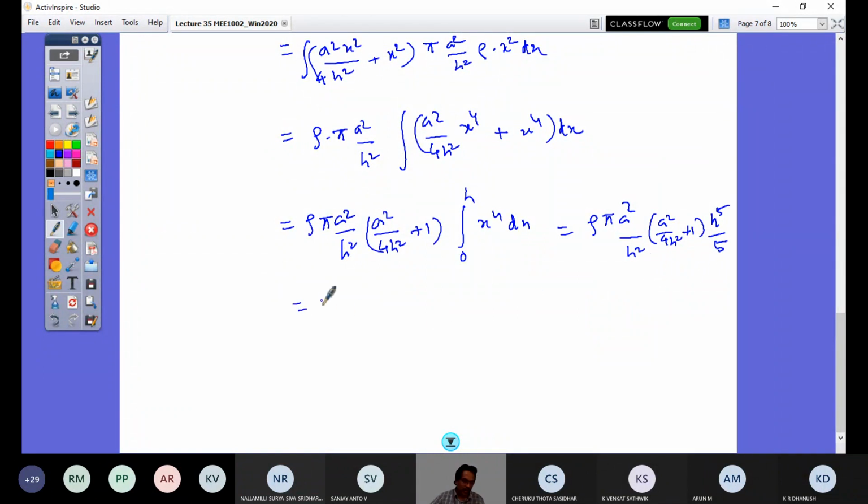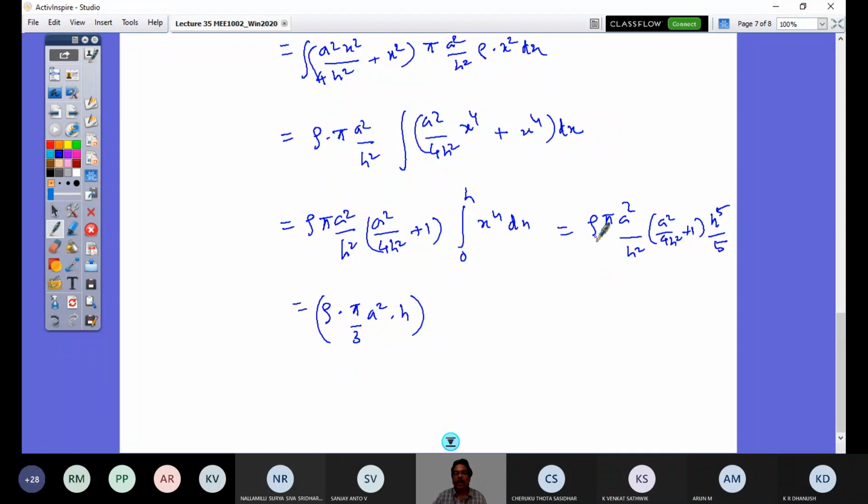So I'm going to rewrite this in a convenient form. First, let me write for the mass. So what is the mass? Rho times 1 by 3 pi r squared h, pi into r squared, that is a squared, into h. So this is the mass.